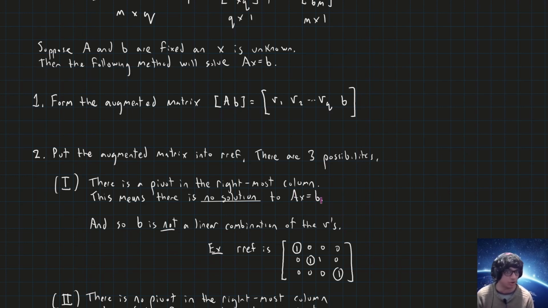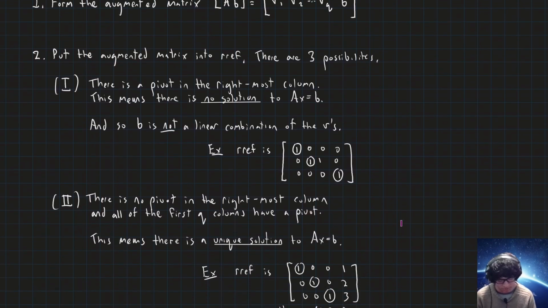In turn, that means that b is not a linear combination of the v's. So you have to watch out for a row that's all zeros all the way, and then a 1 at the end.